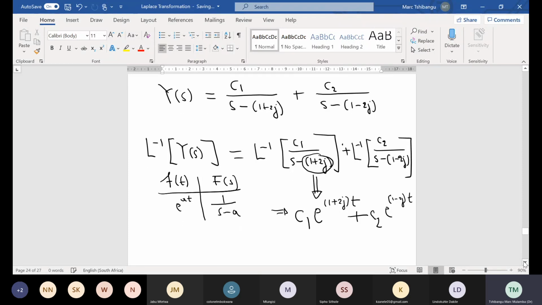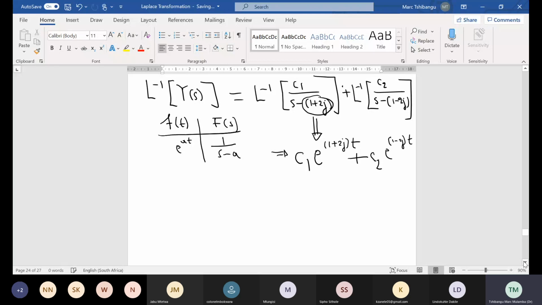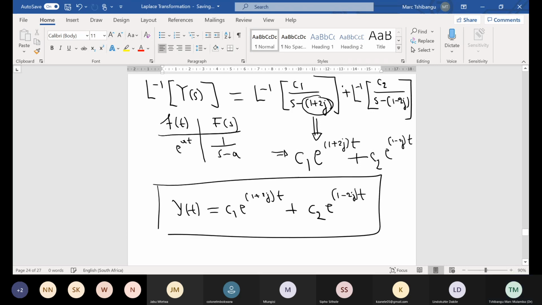Let me write it neatly. Then we can say y of t is equal to C1 e to the power of (1 plus 2j) t plus C2 e to the power of (1 minus 2j) t. We've solved that system.